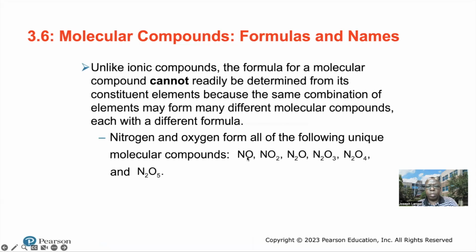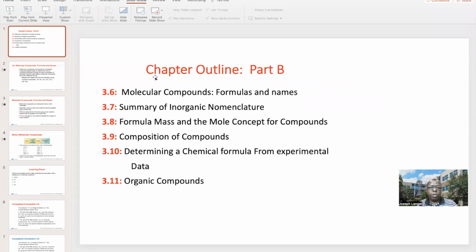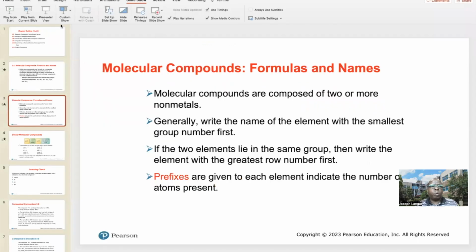There is nitrogen monoxide, nitrogen dioxide, dinitrogen monoxide, dinitrogen trioxide, dinitrogen tetroxide, and so forth. You cannot easily use the crossover rule. So molecular compounds consist of two or more non-metals.